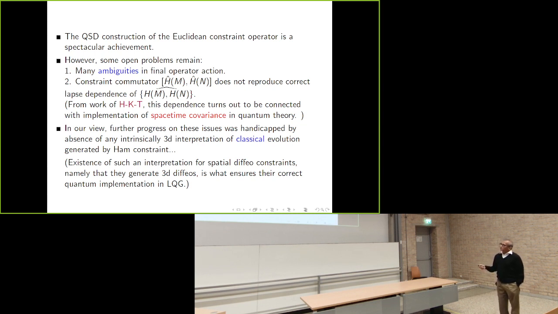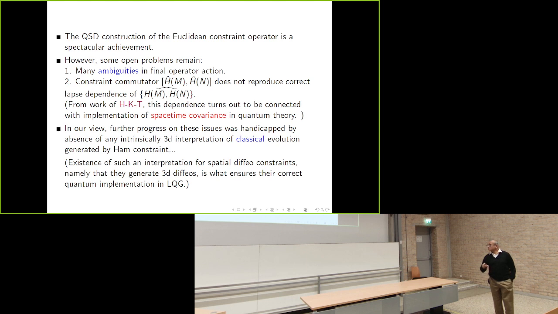In our view, further progress on these two issues was handicapped by the absence of any intrinsically three-dimensional interpretation or intuition about what this classical evolution constituted. So just to remind you, for the diffeomorphism constraints, one exactly has such an interpretation.